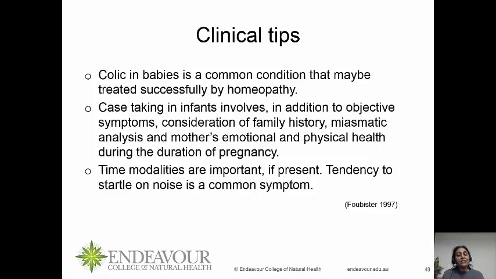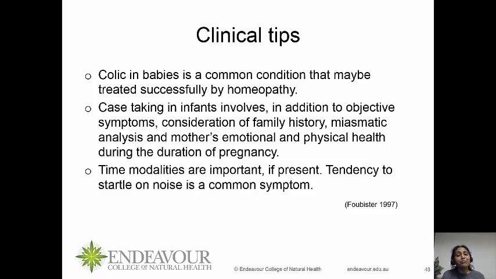The objective symptoms are very important, and depending on the movements, their facial expressions, and what they're doing during that colic decides what the medicine is. Another area of questioning that is important in conditions relating to infants is the family history.